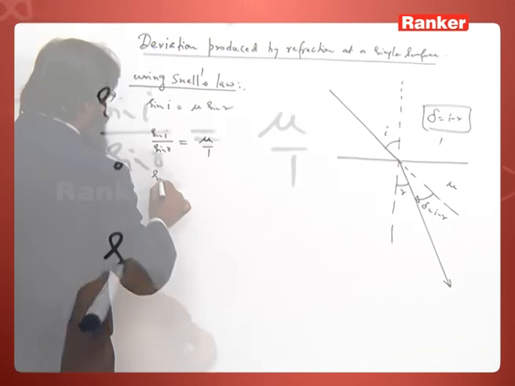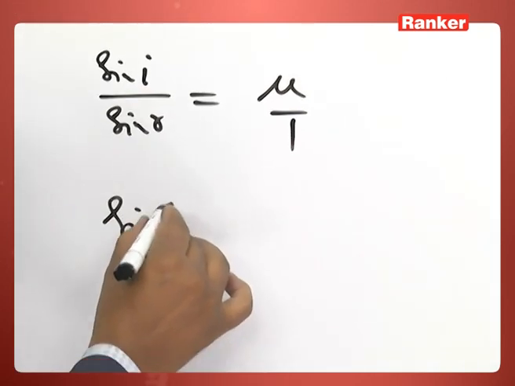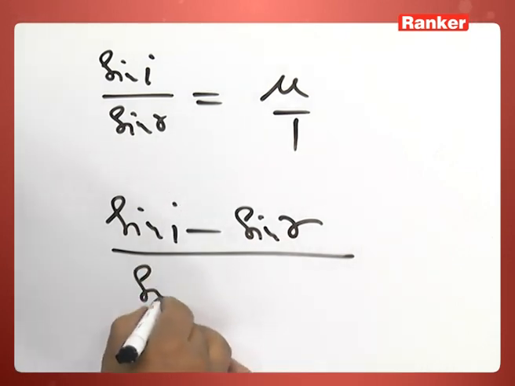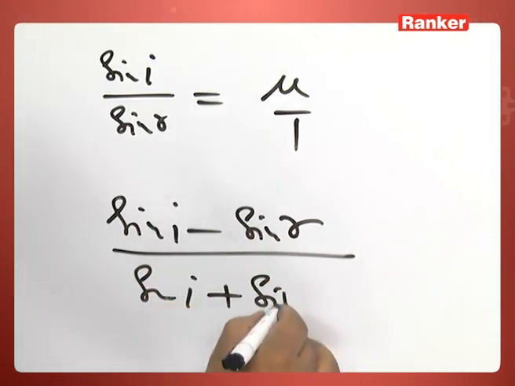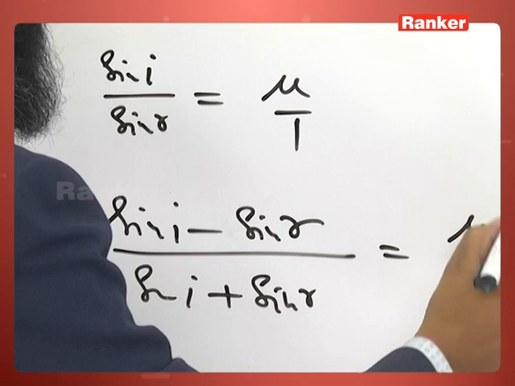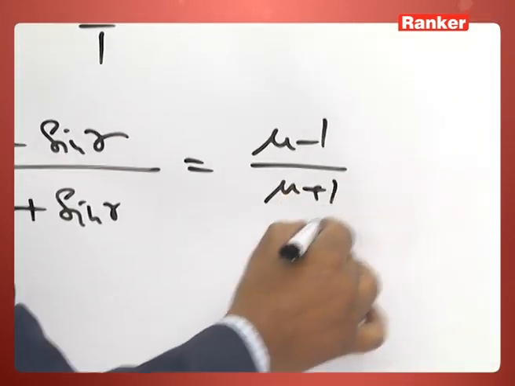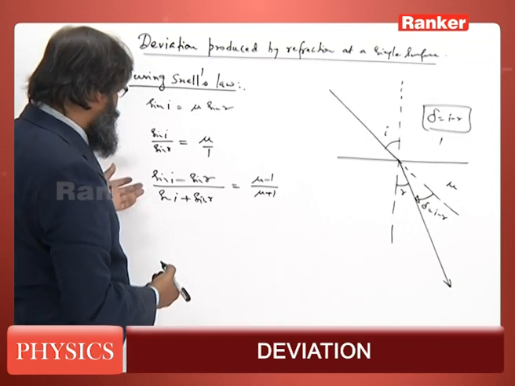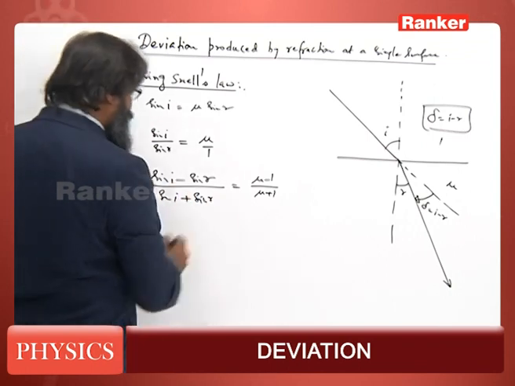So, we will now use sin I minus sin R by sin I plus sin R is mu minus 1 by mu plus 1, by using componendo and dividendo, a mathematical simplification we have done.